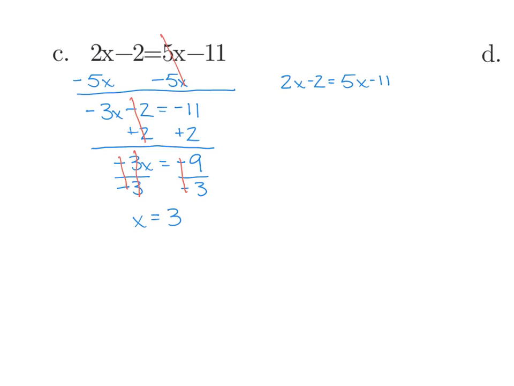So the other thing I could do is, instead of moving the 5x to the left, I can move the 2x to the right. If we do this, my 2x's cancel on the left, leaving me with negative 2. On the right, we get 5x minus 2x equals 3x minus 11. From here, I can add 11 to both sides.